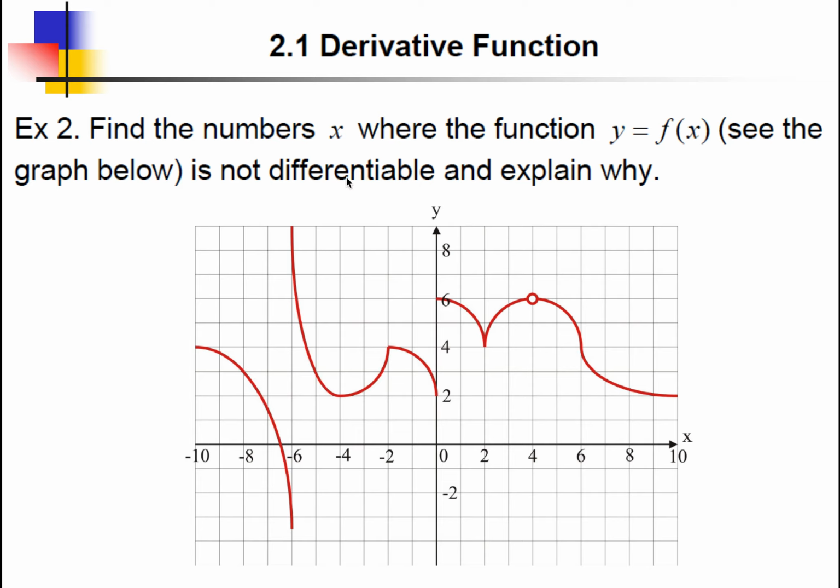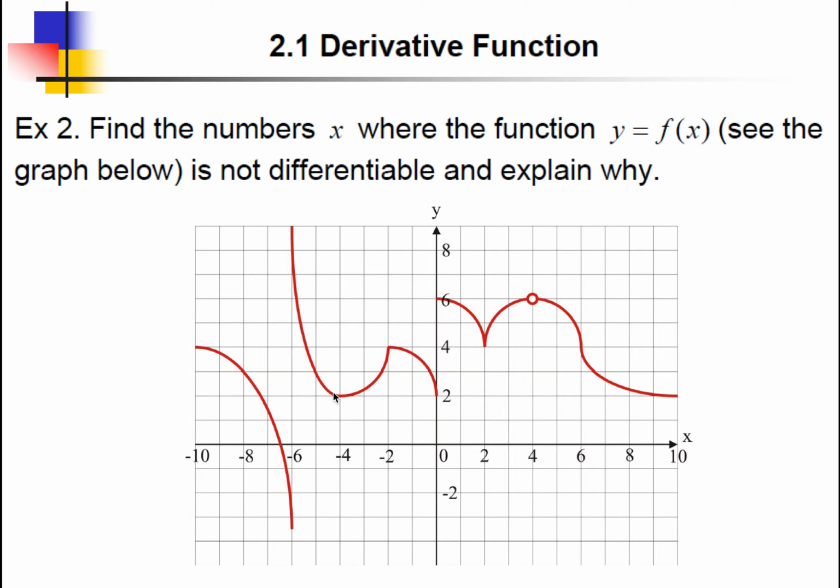Before we finish, I'm going to just discuss this example with you. It says find numbers x where the function is not differentiable and explain why. So I see that the function is not continuous, so definitely it's not differentiable here at 4. For example, I see there's an infinite discontinuity here at -6. So the function is definitely not continuous at -6.